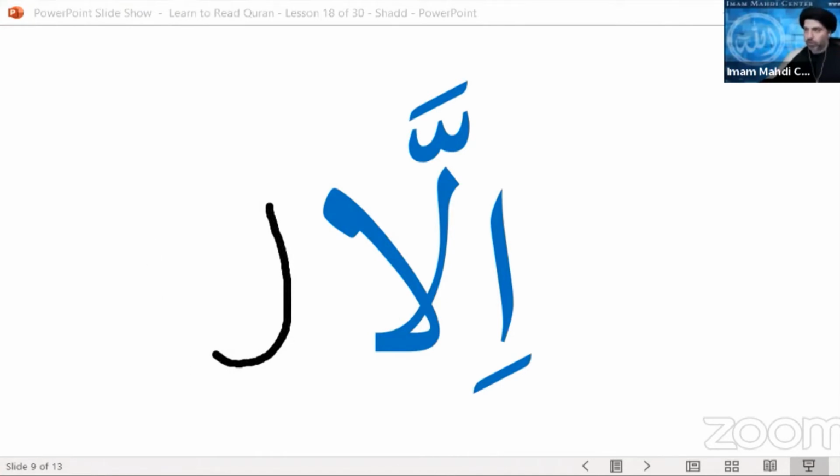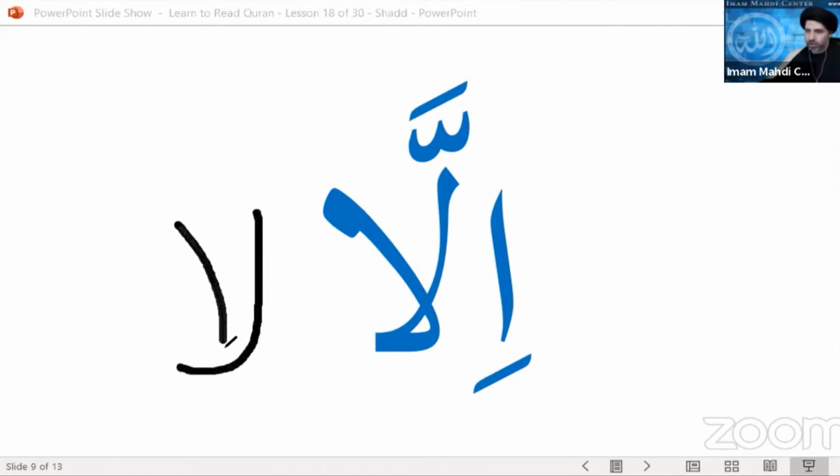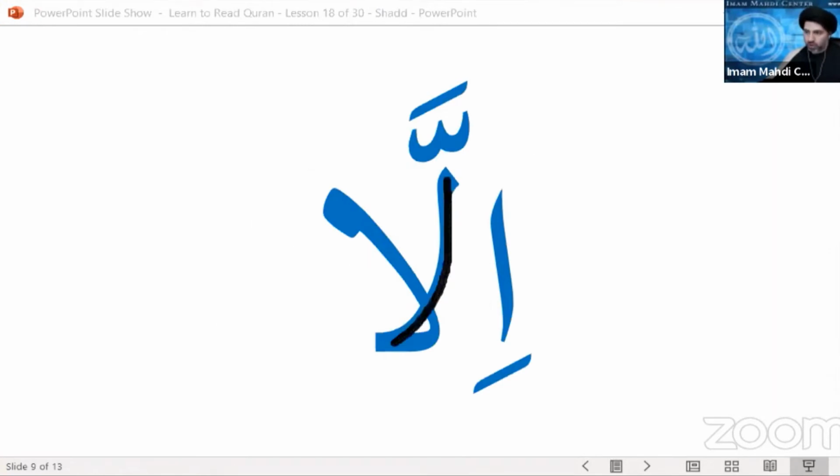And there's two ways to write it. One is the way that you see here. The other is in some prints of the Quran or some fonts, you'll see it written with the lam and then the alif a little bit angled inside the lam. But here you'll see it written this way. So this portion right here is the lam, and then this is the alif.